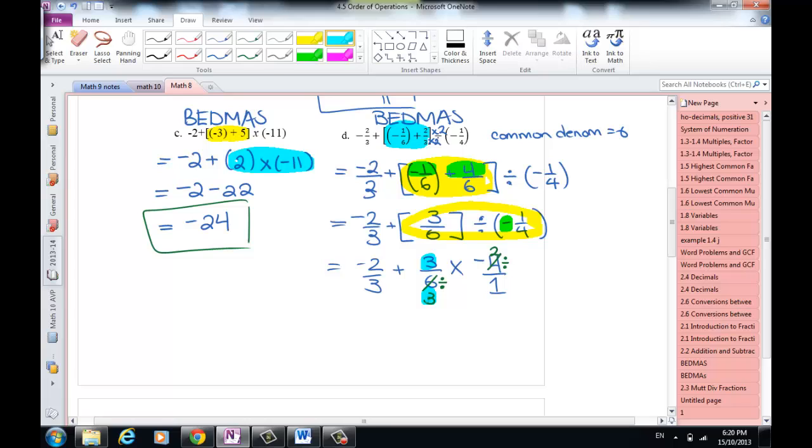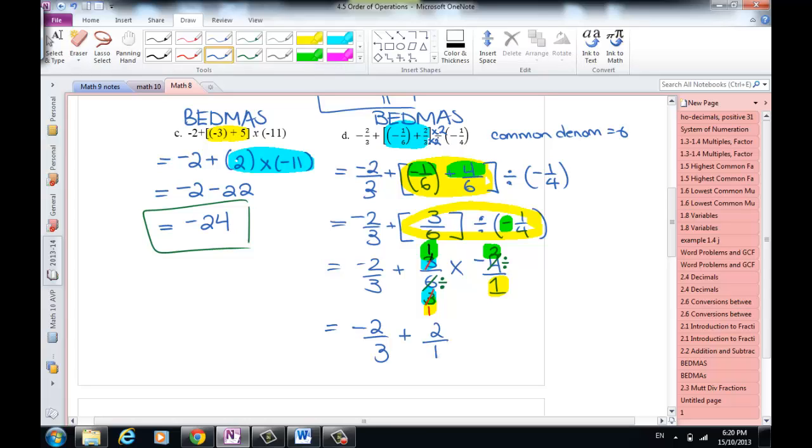So notice that I have 3 divided by 3. Well, this also simplifies if I divide by 3 to 1. So what do I have left? Well, I have a negative 2/3 plus, and then I have this 1 multiplied by 2, which is 2. And on the bottom, I have 1 multiplied by 1, which is 1.